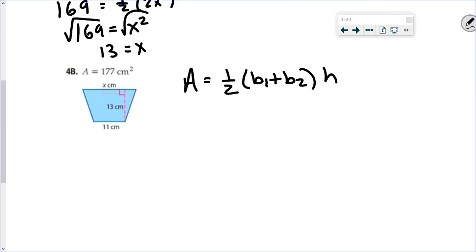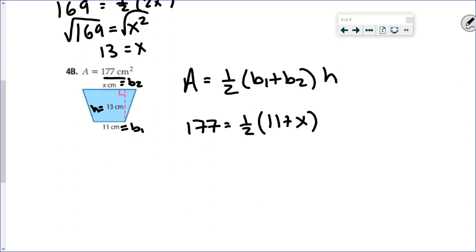So just plugging in, height is going to be your 13 centimeters. Let's call 11 b1 and x b2. Of course, area 177. So 177 is 1/2 times 11 plus x times 13.